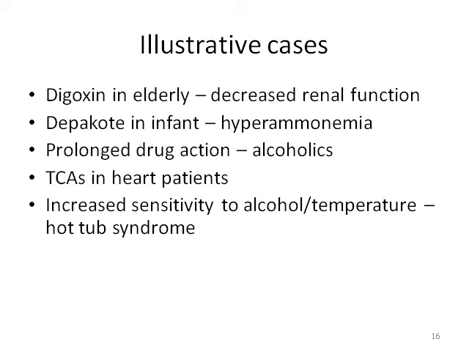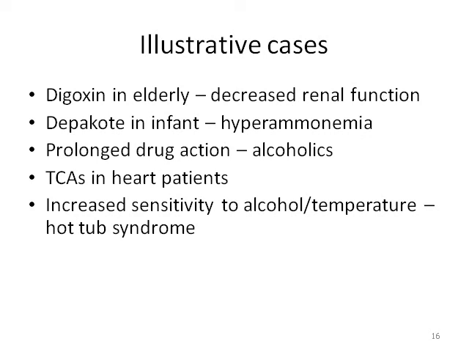This is where individuals that are drinking a lot of alcohol, the alcohol vasodilates the blood vessels, and then if they're in a hot tub or in hot weather, the temperature causes further vasodilation, and blood pressure drops because the blood vessels in the skin dilate as a result of the alcohol and the hot temperature. And so here we may have an extreme form of postural hypotension that occurs.